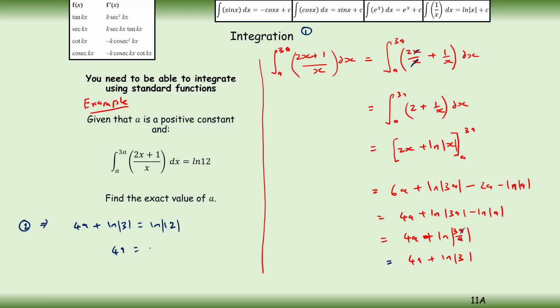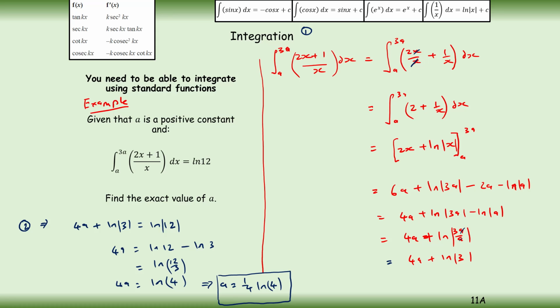So that means 4a is equal to log of 12 minus log of 3. So I can combine and divide, so that's log of 12 over 3, so 4a equals log of 4, which means that a is equal to 1/4 of log of 4. And that's our exact value for a.